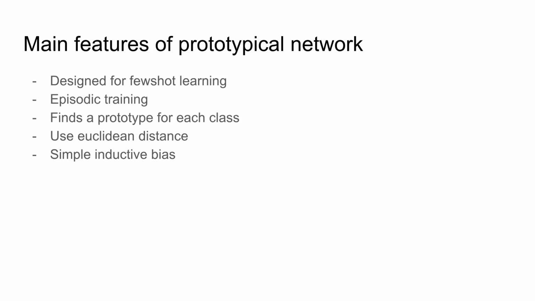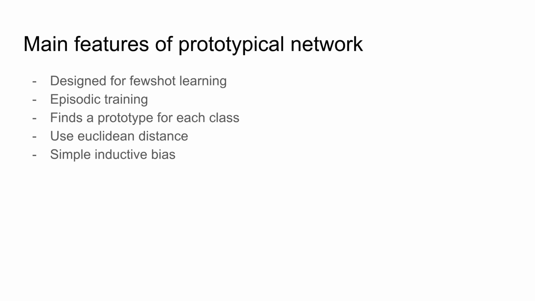Prototypical network is basically designed to do few-shot learning, just like matching network. It is based on the philosophy that training and test conditions must match. So if you want to do few-shot learning, you want to train it to do better in few-shot learning.